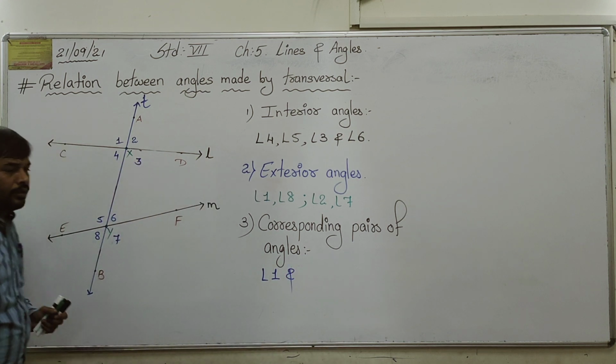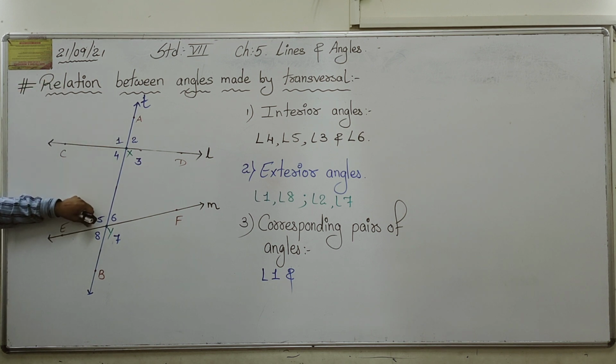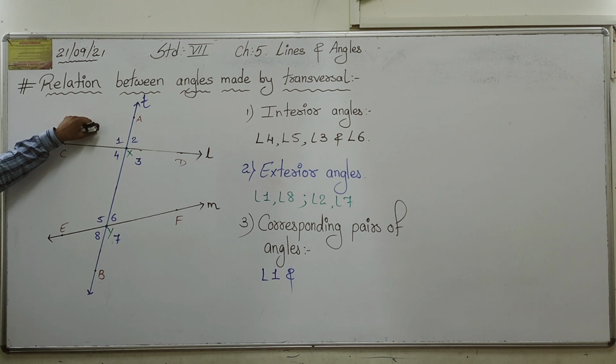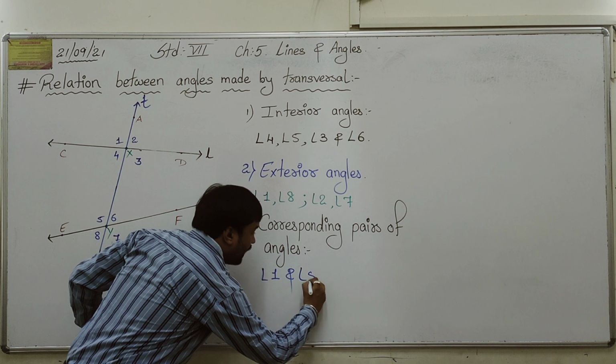Right now you are at angle 1, so become a frog. Make one jump, to angle 5. From angle 1 you jump directly to angle 5. So angle 1 and angle 5.